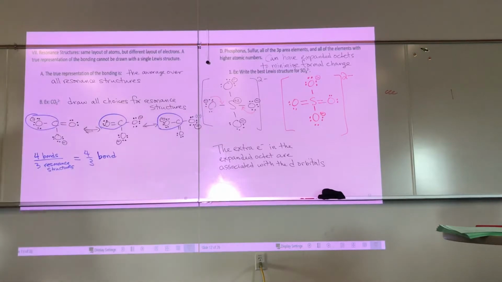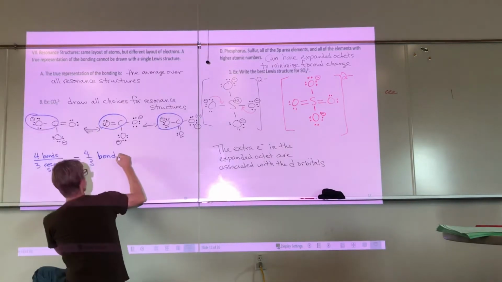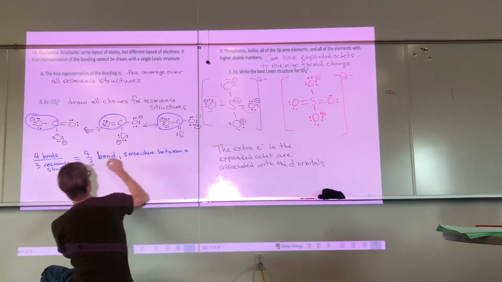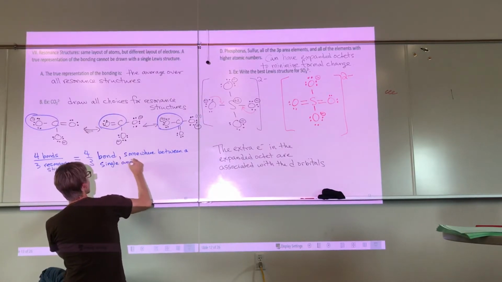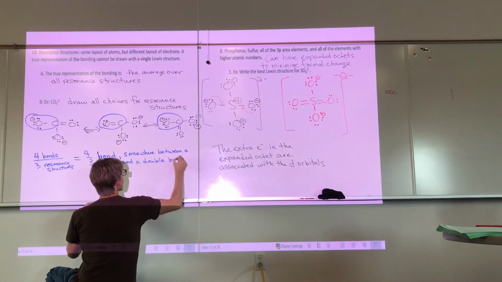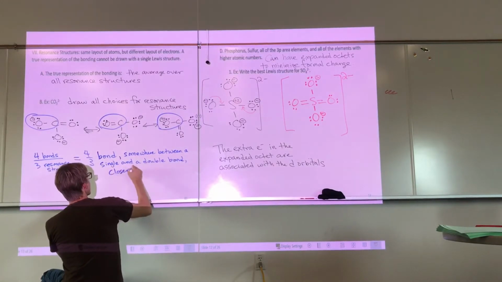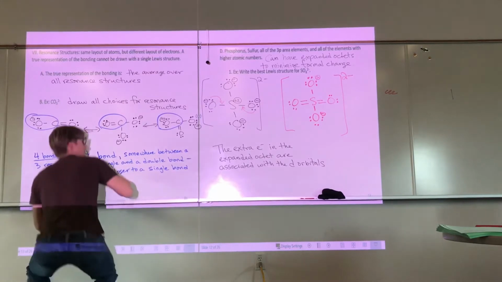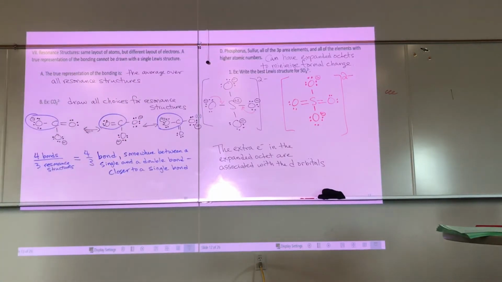It's the number of bonds over the number of resonance structures, which gives a 4/3 bond, somewhere between a single and a double bond, closer to a single bond, because 4/3, or 1 1/3, is closer to 1 than 2.